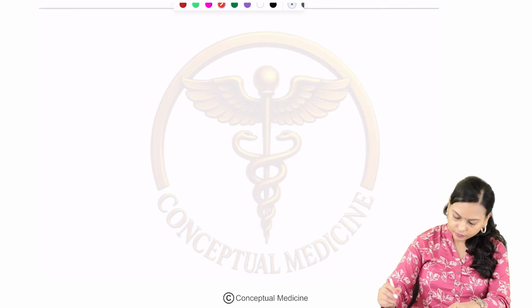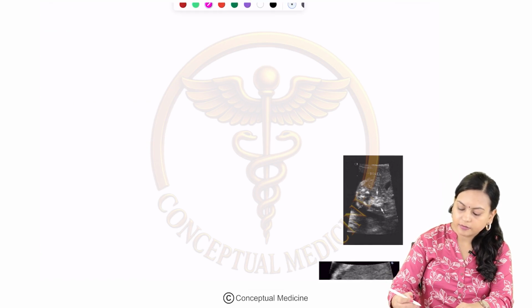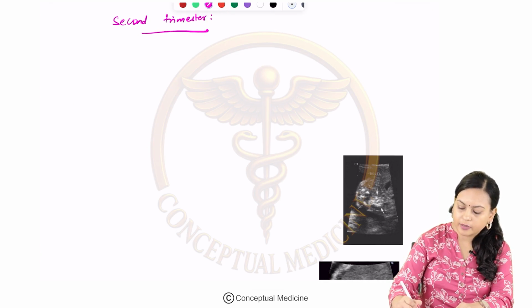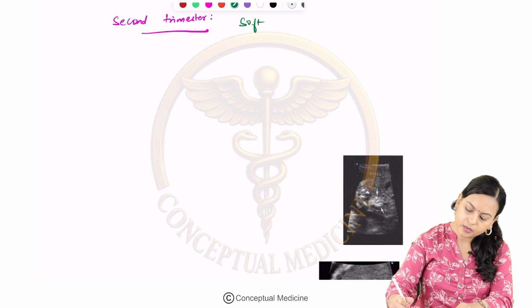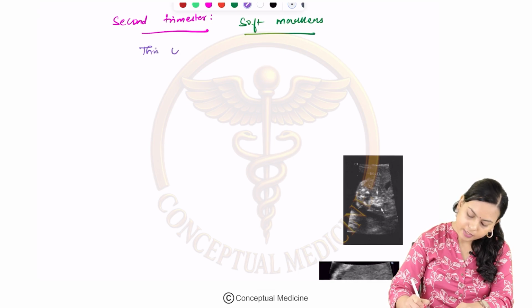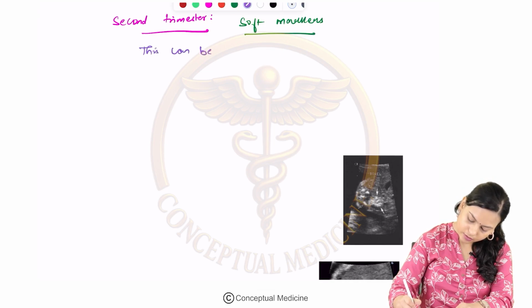Okay. And in the second trimester, you will be able to see a list of markers which are known as soft markers of aneuploidy, because this can be seen in normal fetus also.